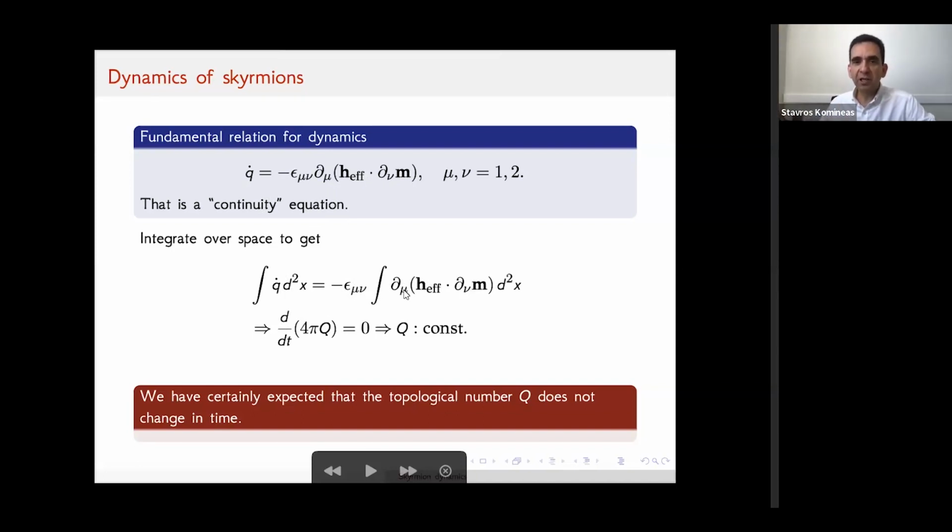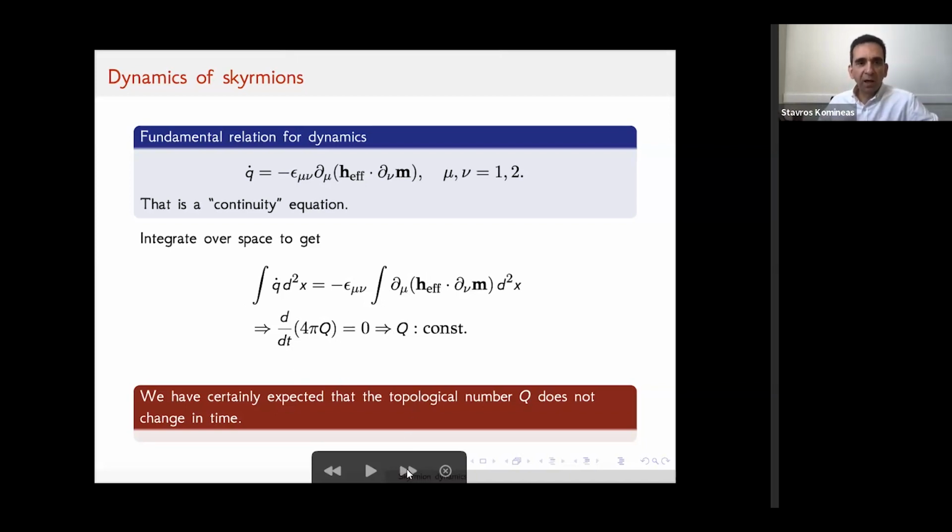So this whole thing is 0. Therefore, the time derivative of the topological number is 0. Well, all right, but this is an obvious thing, because obviously this is a topological number, it does not change, it's a topological invariant. So all I'm telling you here is that Q is constant. Okay, we knew that. We expected that.